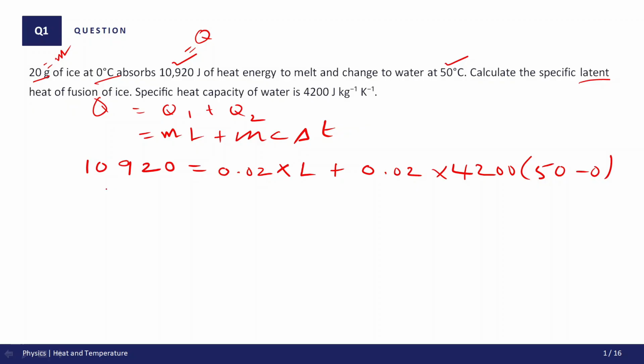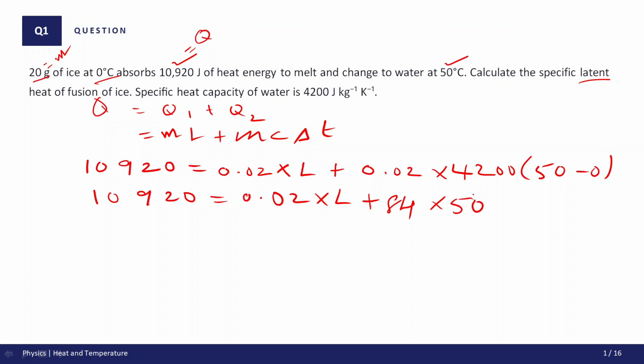I think you got it. In the next step we will get 10920 equal to 0.02 into L plus 84 into 50.